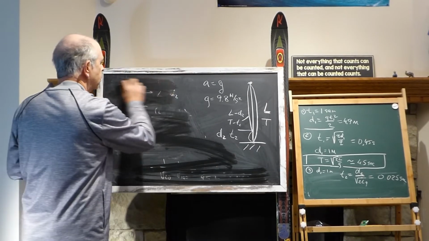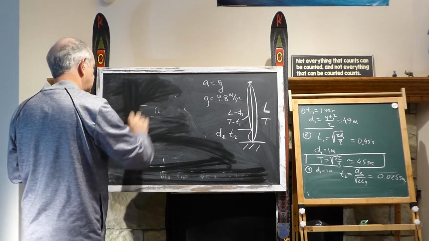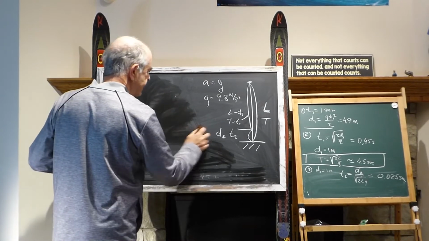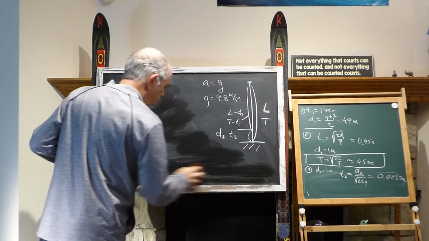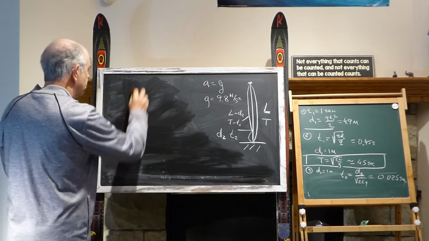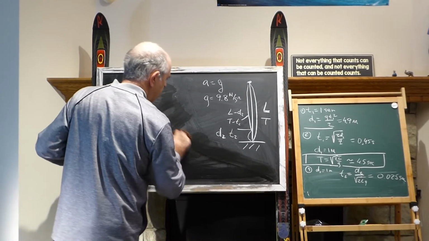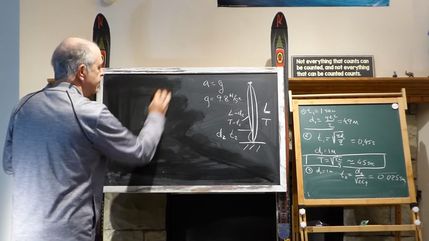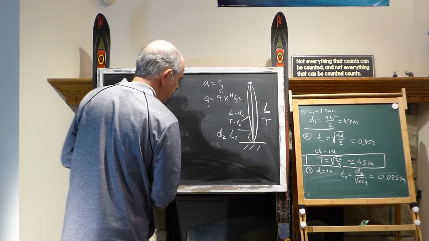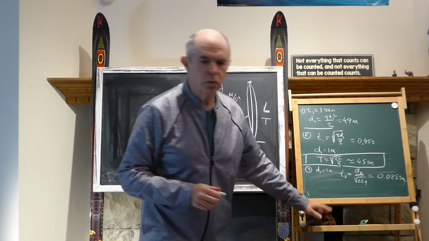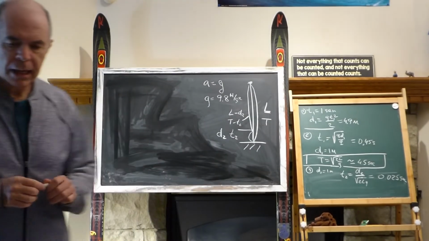And so the last thing that they want us to do is to find D2, if T2 is known, right?